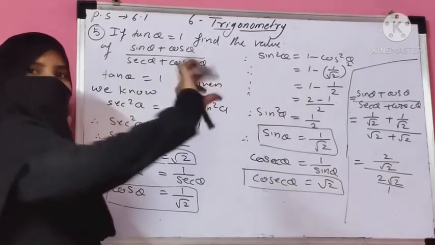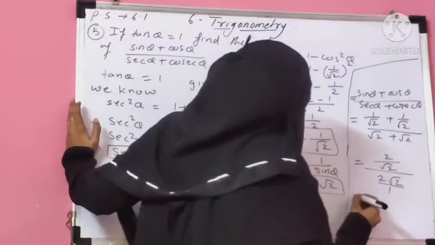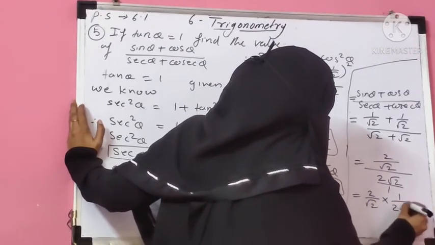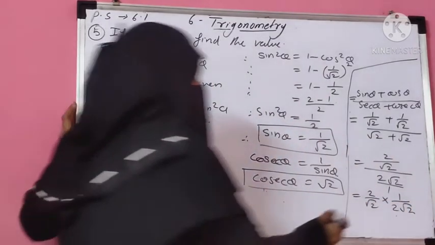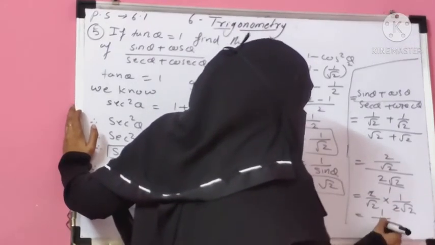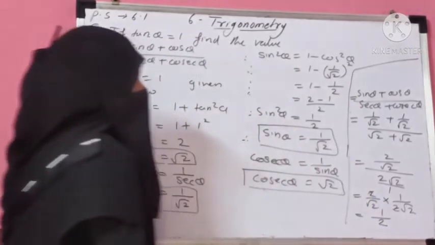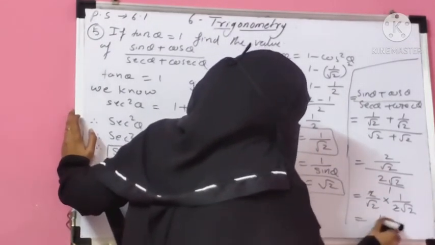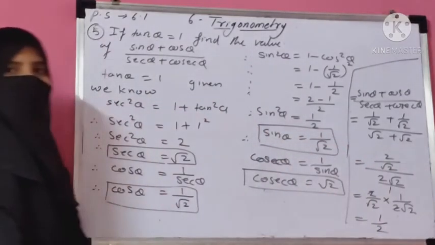Now convert this division fraction into multiplication, then you get 2 upon root 2 multiplied by 1 upon 2 root 2. Okay? Then this 2 gets cancelled and you get 1 upon root 2 times root 2, which is 2. So the answer of this ratio is 1 upon 2. Got it?